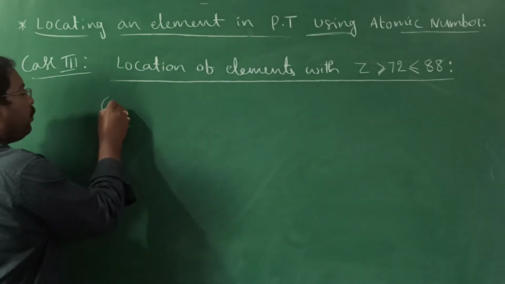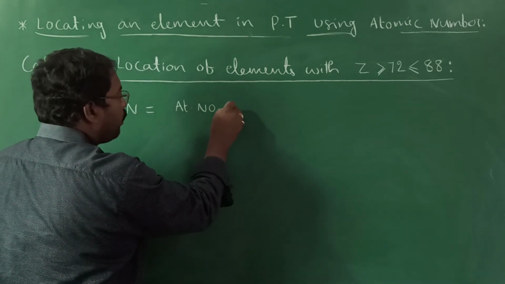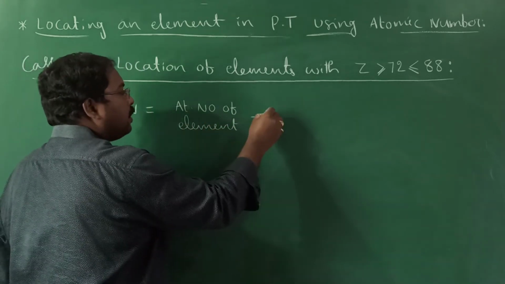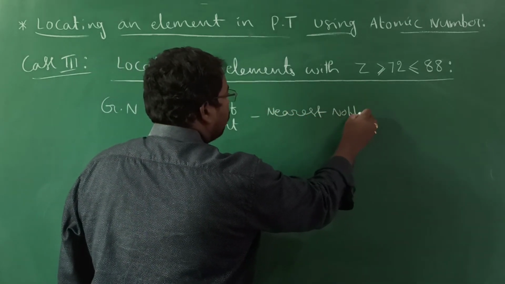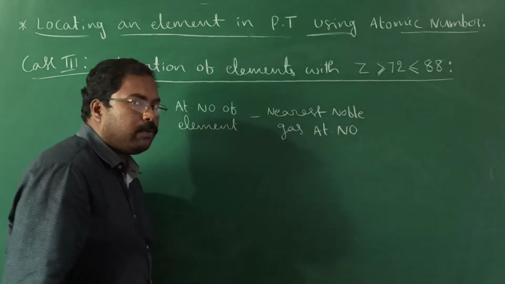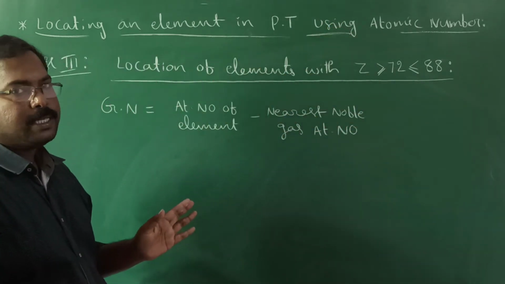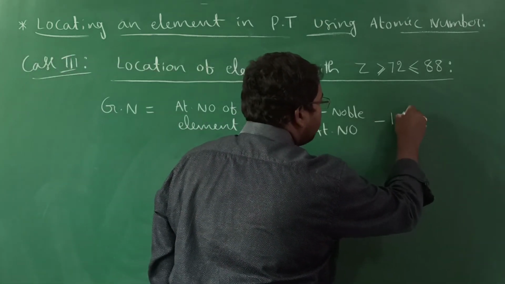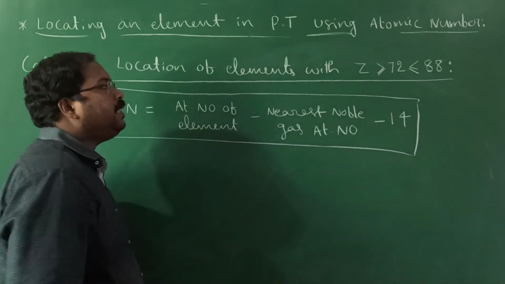To find our group number, we are doing the atomic number of the element minus the nearest noble gas atomic number. This is what we have done in the case of the elements with atomic number less than 57 onwards. Additional to this, the only thing we have to do is subtract 14. This is the only change we need to make for these elements.